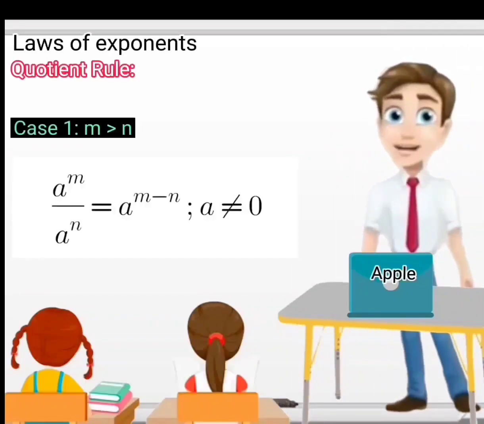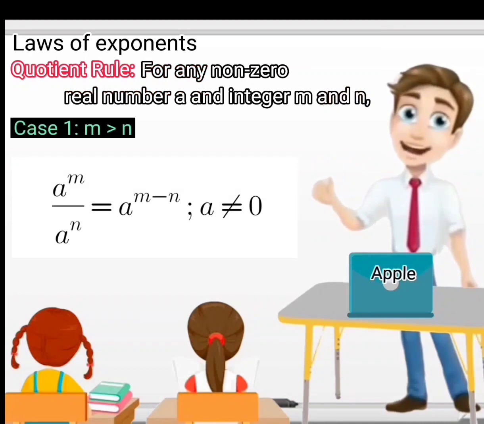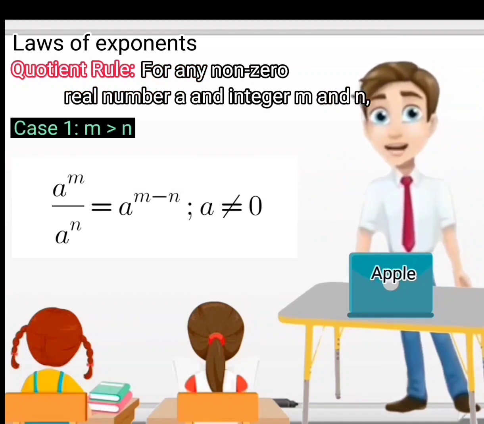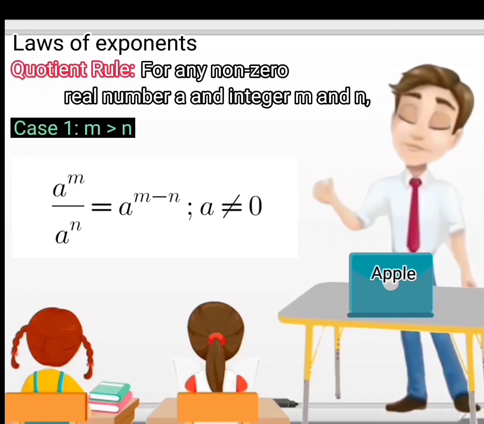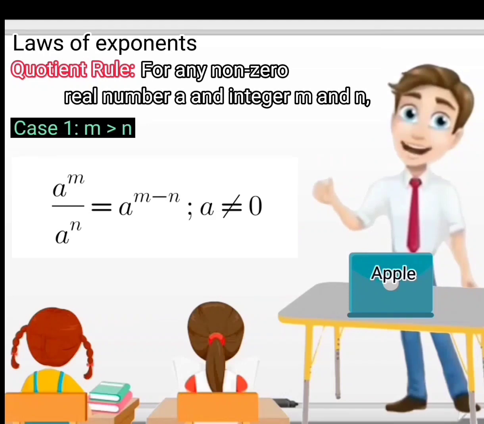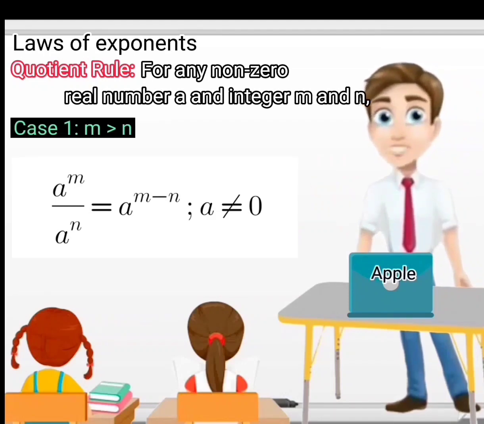Okay, so let's proceed now to law number 2, and that is the quotient rule. And let me read for you. For any non-zero real number a and integers m and n, then by case 1, where m is greater than n, paano ang gagawin natin dito?